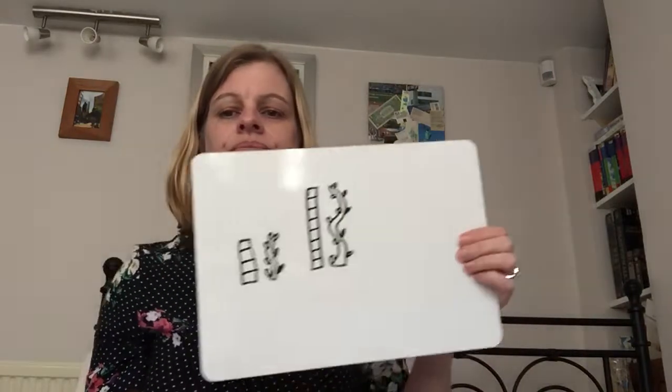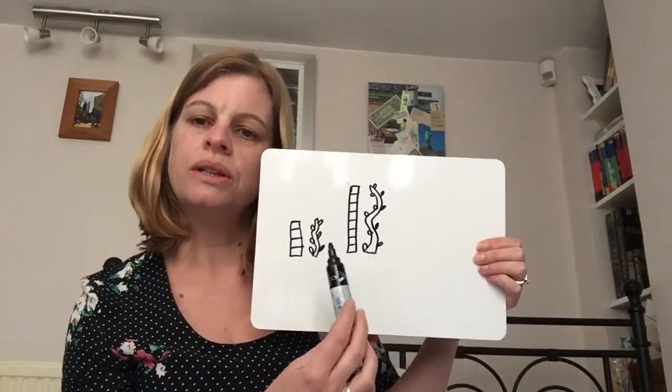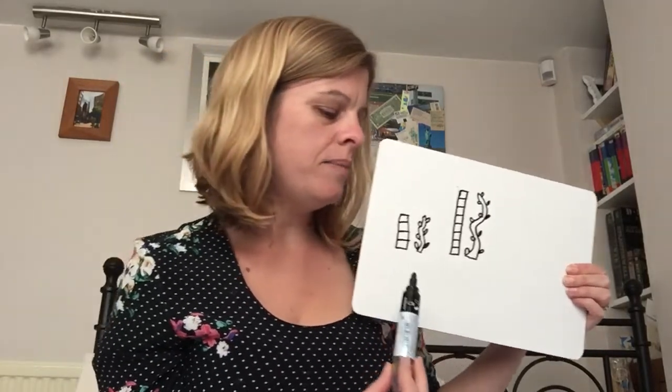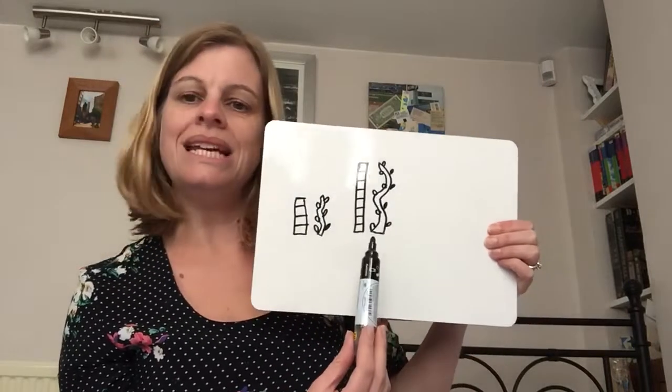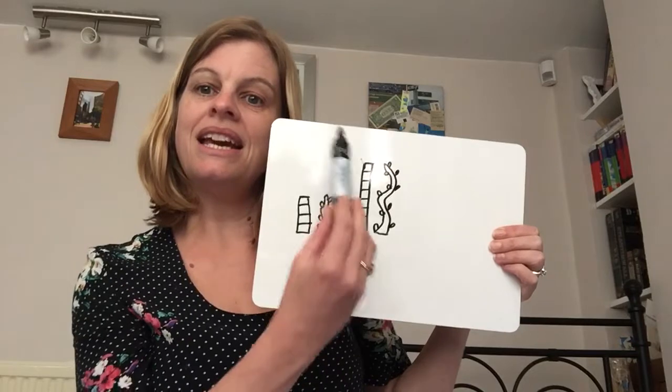I've got this on here. I've got a picture of a beanstalk, and here's a beanstalk quite small, and here the beanstalk has doubled its height, which means it's the same height again.